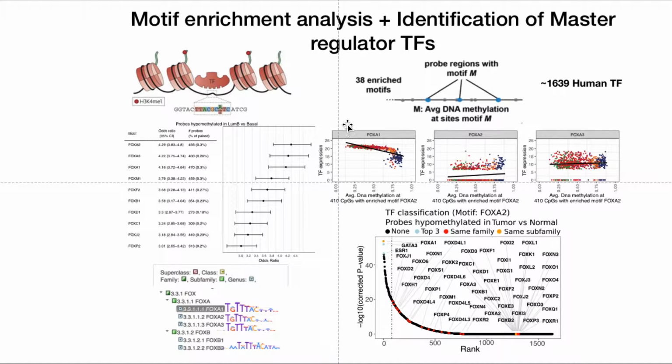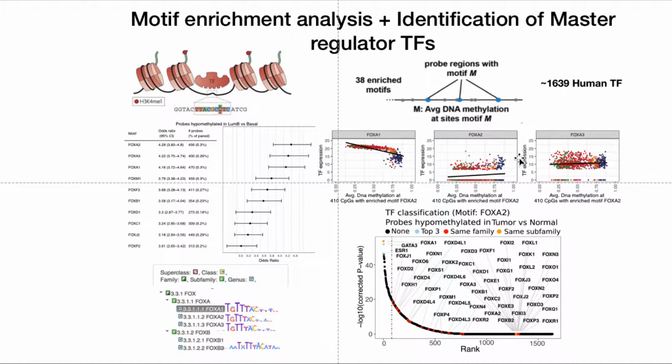You can see that FOXA1 is the one that has this anticorrelation. The samples that are hypermethylated have a lower expression of FOXA1, while the hypomethylated ones have a higher expression. So imagine I lost that methyl group, the region is open, and the transcription factor is more expressed. So it's more likely that it's the master regulator, because its expression increases, so there is a higher chance that it's the one binding to that FOX region.